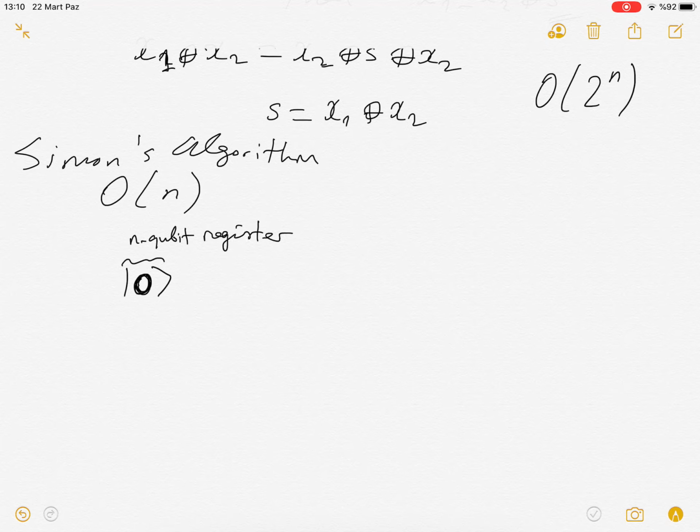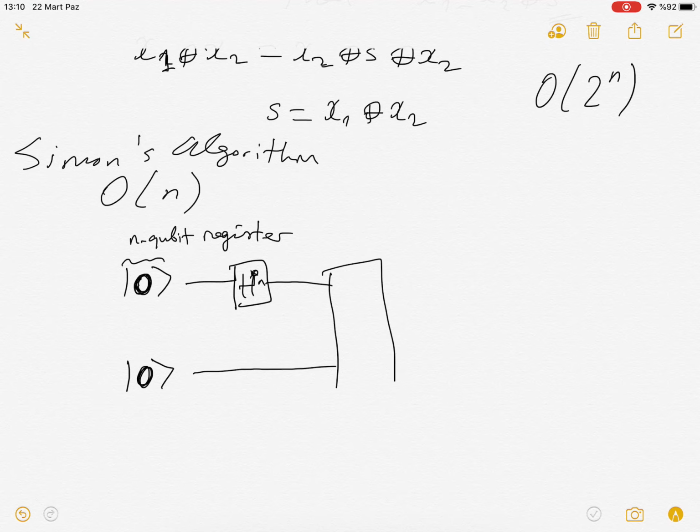I'm going to start with two registers, each set to zeros of n-bit length. And I'm going to apply an n-bit Hadamard transform to the first register, and then I'm not going to do anything about this.